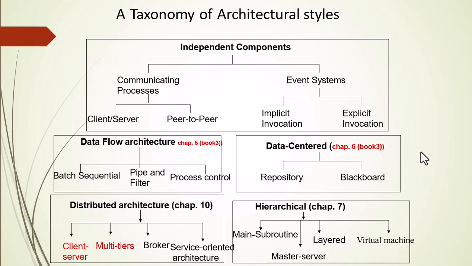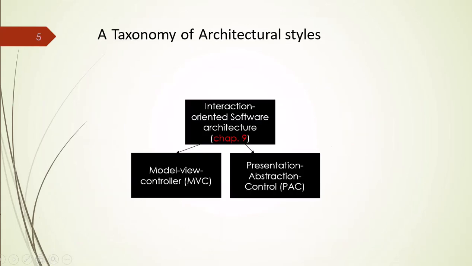Then we have hierarchical architecture styles, and then distributed architecture styles. It does not end here, as we also have interaction oriented software architecture design, which tells us about the interaction of the user with the system, the interaction of the interface with the components. Further we have the MVC and PAC architecture styles.